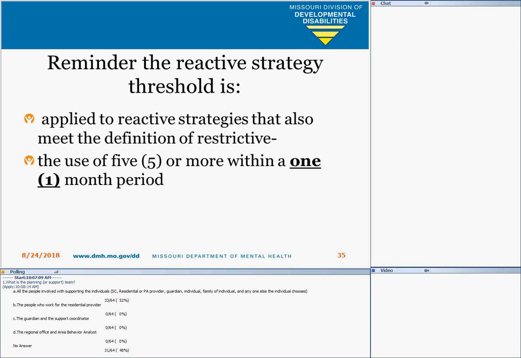The threshold is applied to all reactive strategies that also meet the definition of restrictive interventions. So if a person has experienced 5 or more of these restrictive reactive strategies in a 1-month period, then that threshold is reached and the planning team has activities that they have to go through.